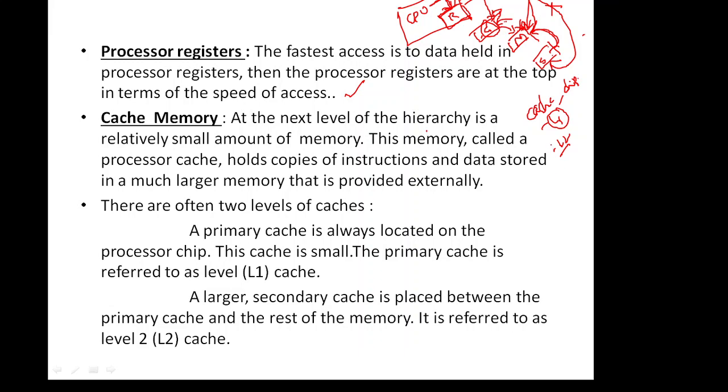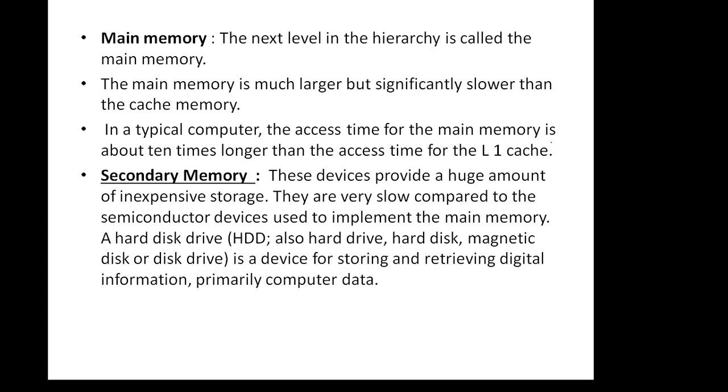And the next one is the main memory. This main memory is much larger but slower than the cache memory. The access time to the main memory is about 10 times longer than the access time of the L1 cache. So the L1 access time is very small when compared to the main memory access time.